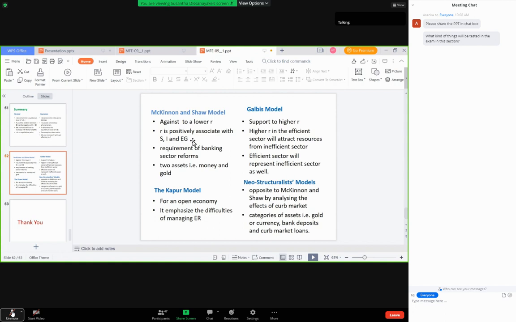So when they introduced these higher interest rate policies, and the central bank tried to find a solution, at some point the government didn't support in some situations.